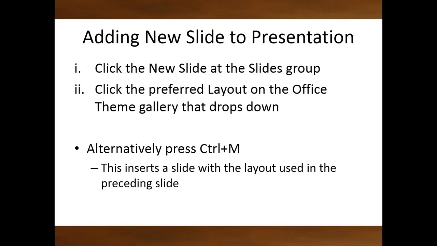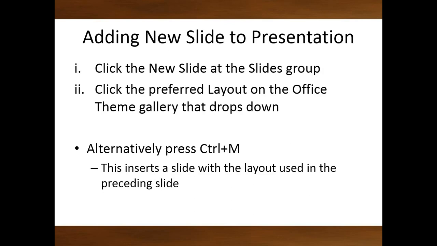Click the preferred layout on the Office theme gallery that drops down. Alternatively, you can press on your keyboard Ctrl and M. But when you press Ctrl and M, this will insert a slide with the layout used in the preceding slide or previous slide.